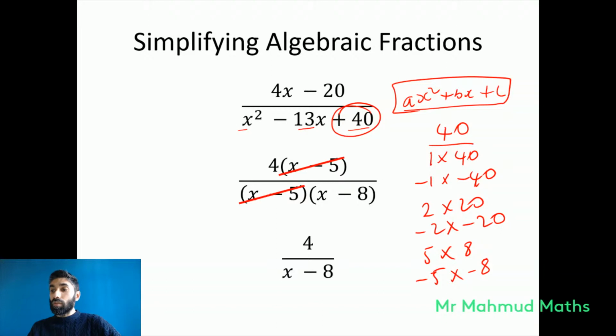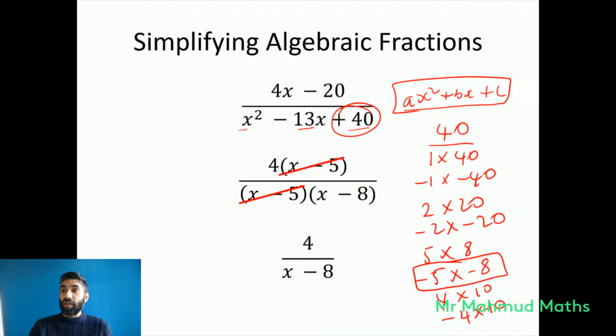Are there any more? 4 times 10, minus 4 times minus 10. Now, have a think about which out of these pairs actually gives us minus 13 when I add them. I can see minus 5 and minus 8 gives us minus 13.